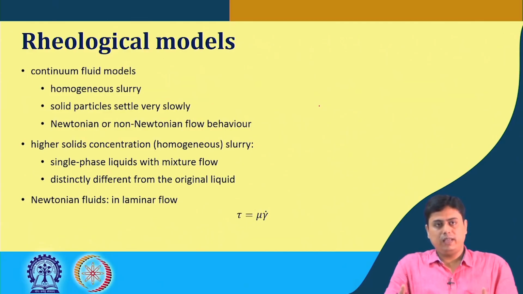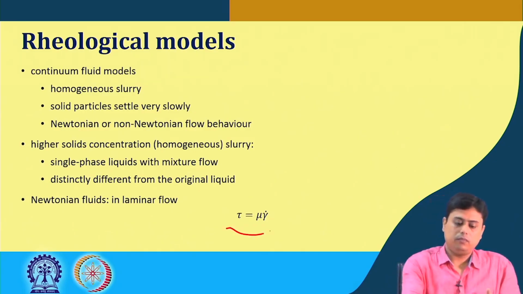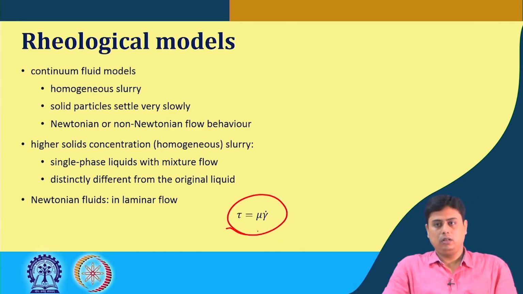Now, we have seen in Newtonian fluids, in laminar flow, the expression between the shear stress and the shear rate gives us Newton's law of viscosity. The similar concept also applies here if it behaves as a Newtonian slurry.